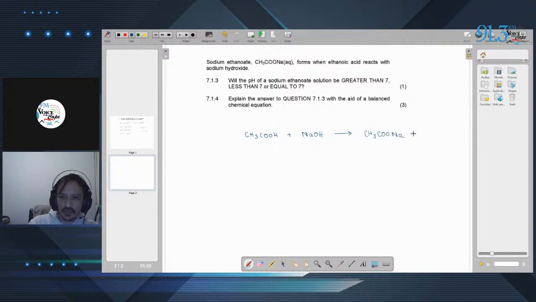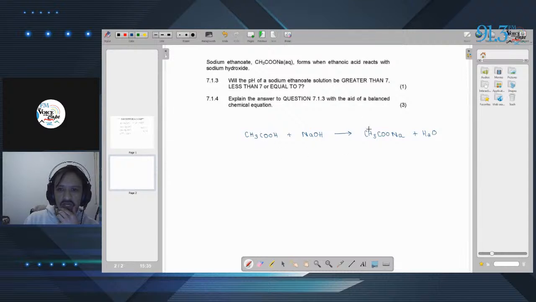This is the salt that forms, and we get water. Remember, whenever you react an acid and a base, you always get a salt and water. Okay, so this is what we get. So will the pH of the sodium ethanoate solution be greater than 7, less than 7, or equal to 7? Well, it's going to be greater than 7.